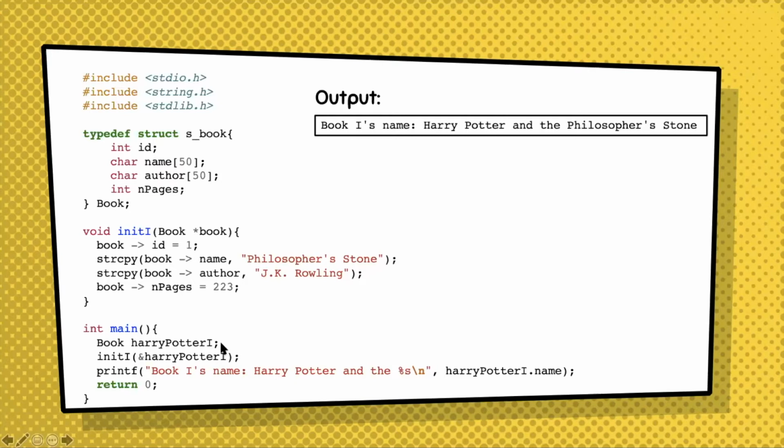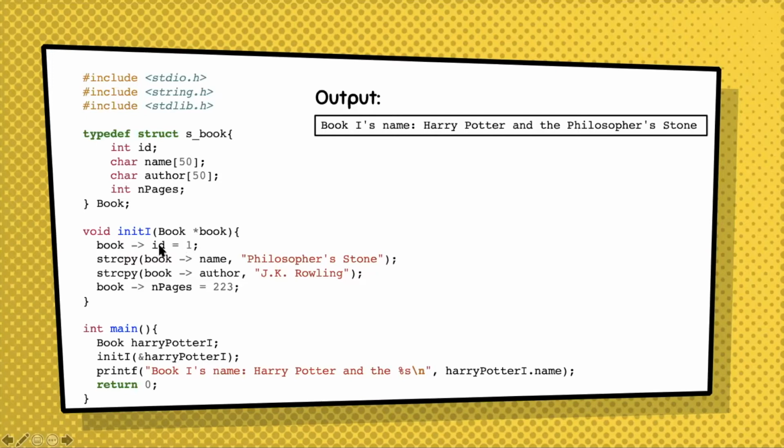So first is declaration. Okay, ignore it. And then it's init_i, Harry Potter I, right? And then there is an ampersand symbol over there. What does it mean? It means that it passed the address of the variable Harry Potter I into the function init_i, right? And then it changed the content over there.